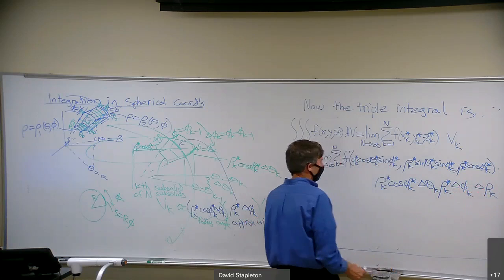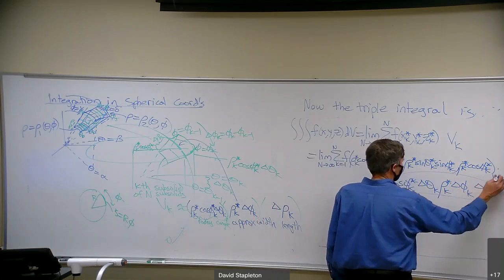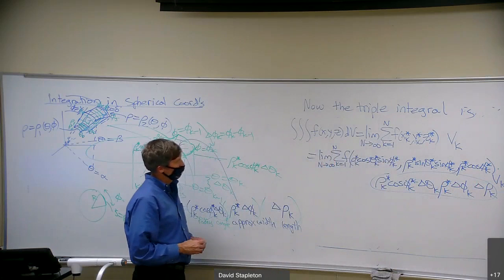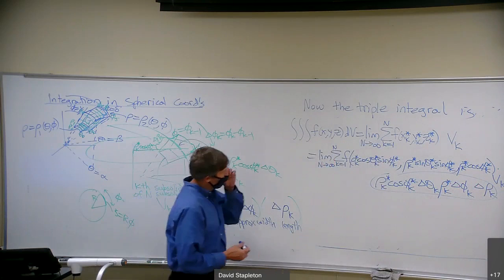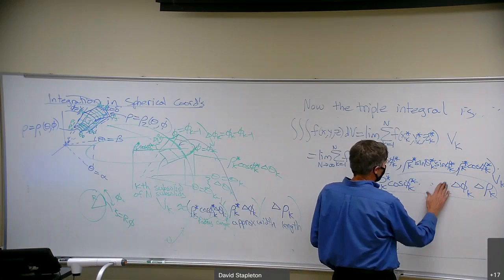So that's what it looks like. Here's your Vk. Now what you do is you can multiply in any order, so you interchange these two. You put rho k star over here.